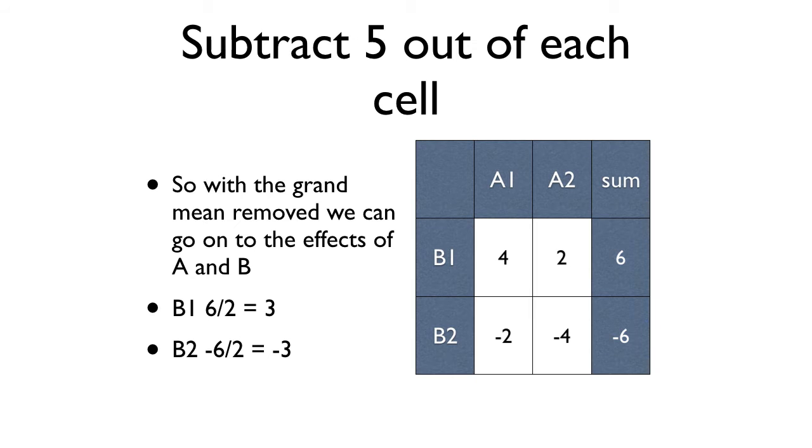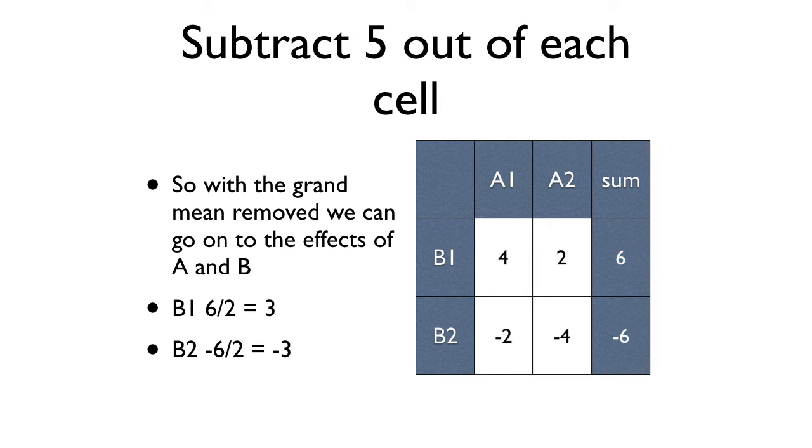So all the scores in B1 are elevated by 3. All the scores in B2 are depressed by 3. So let's take 3 out of B1, and let's take negative 3 out of B2. Say that again. We're going to take 3 out of B1, and we're going to take negative 3 out of B2. That's all we're going to do. Same thing as we did before, except now they apply differently to B1 and B2.